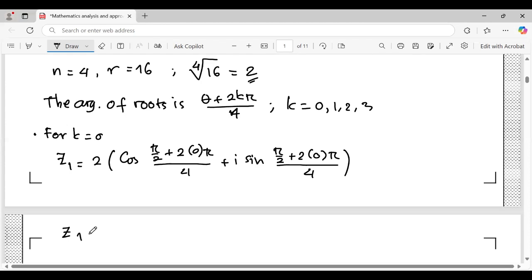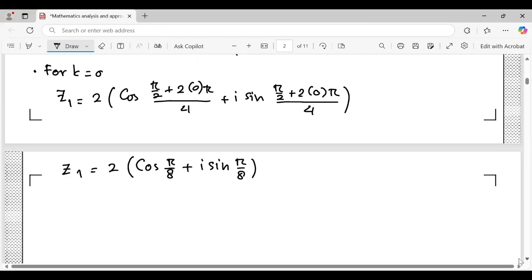So z1 equals 2 times cosine pi over 8 plus i sine pi over 8. That is z1.